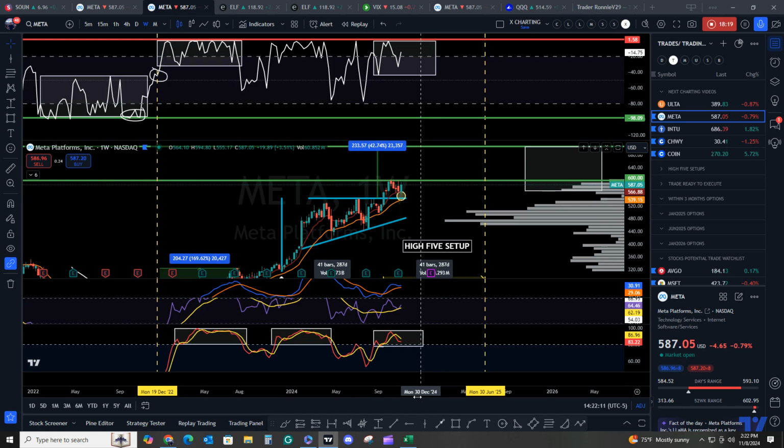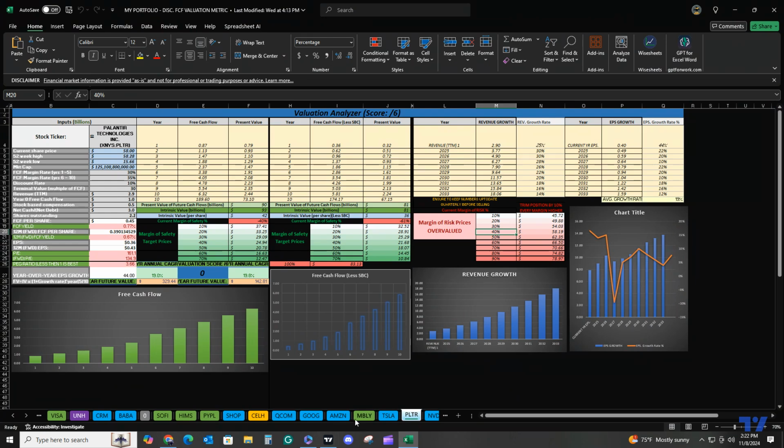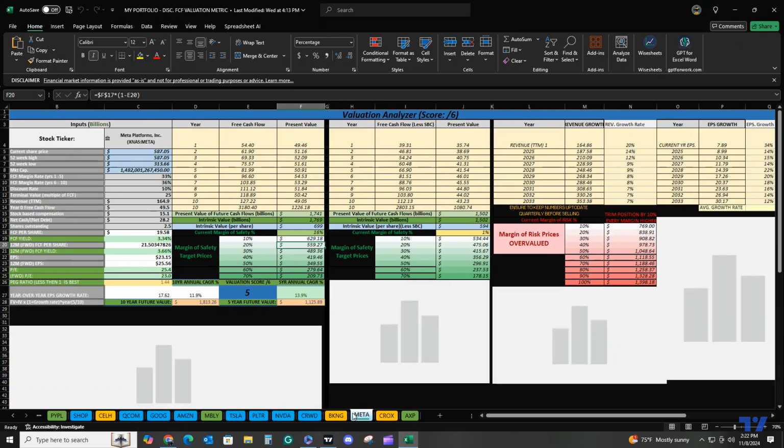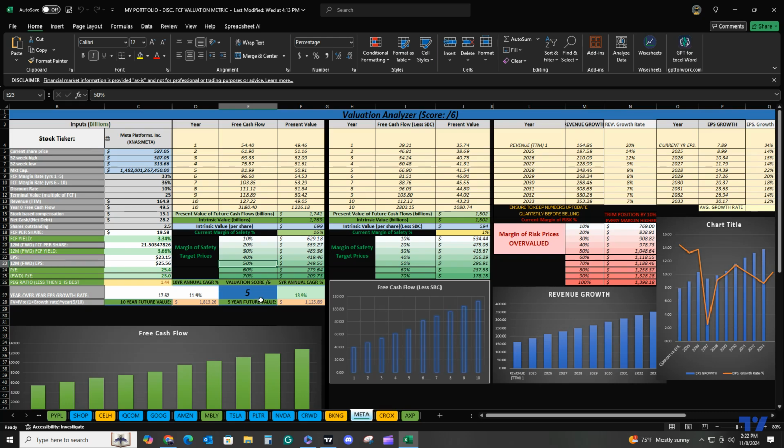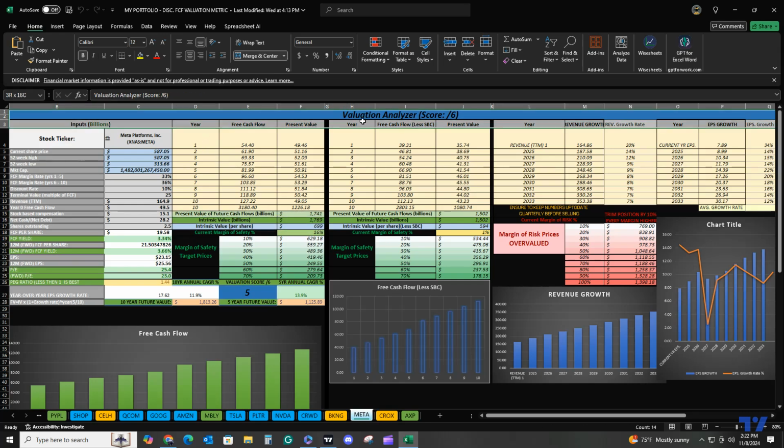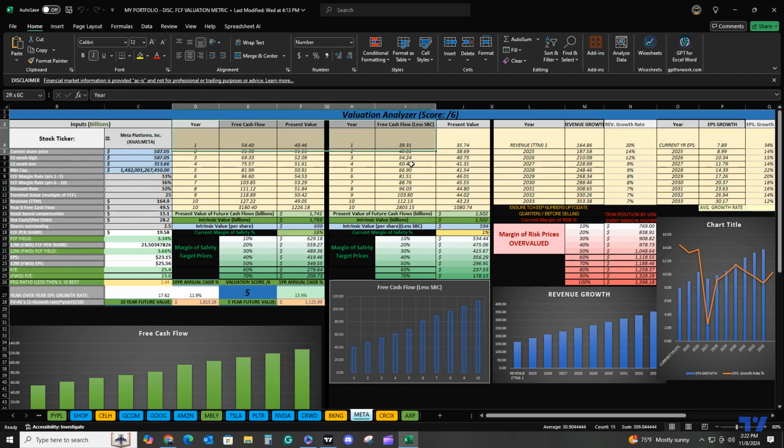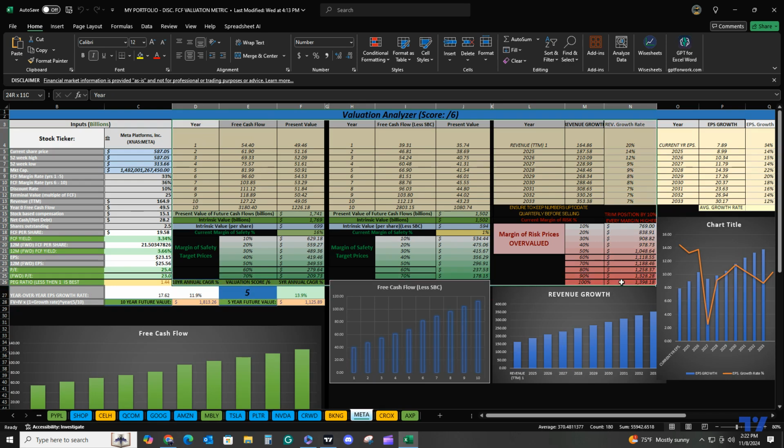But at the same time, yeah, actually I got it right here. So we can pull it up and we got Meta. It's a 5 of 6 score on the valuation analyzer. As we can see here, a lot of this stuff right here is our discounted free cash flow model, which I give the most weight in my valuation analyzer.